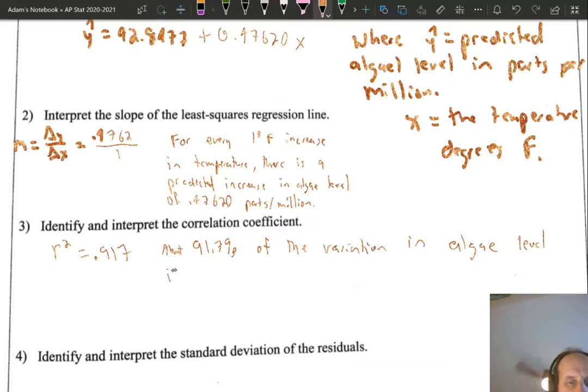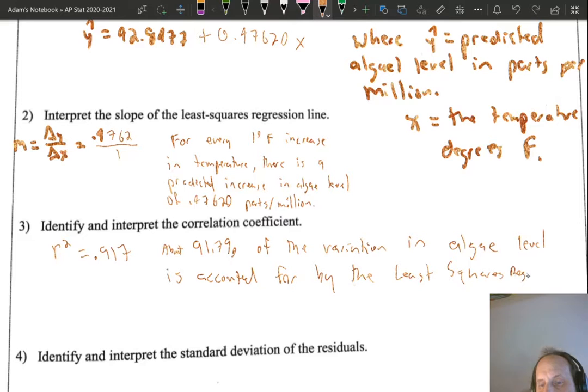is accounted for by the least square regression line with x equals temperature in degrees Fahrenheit.